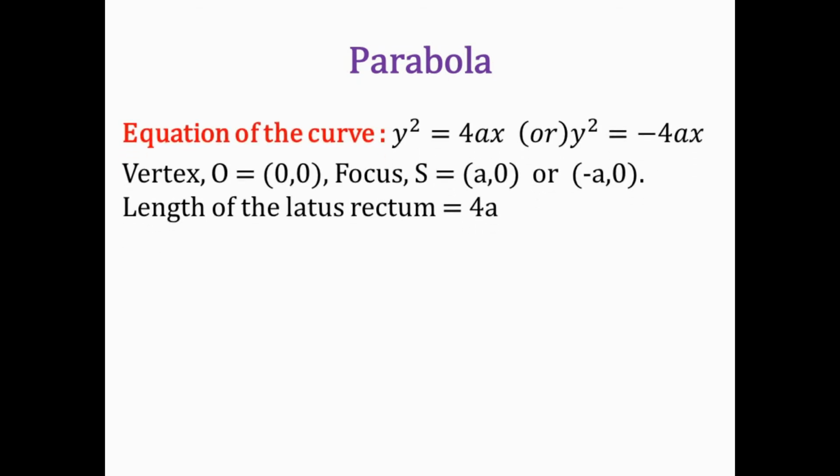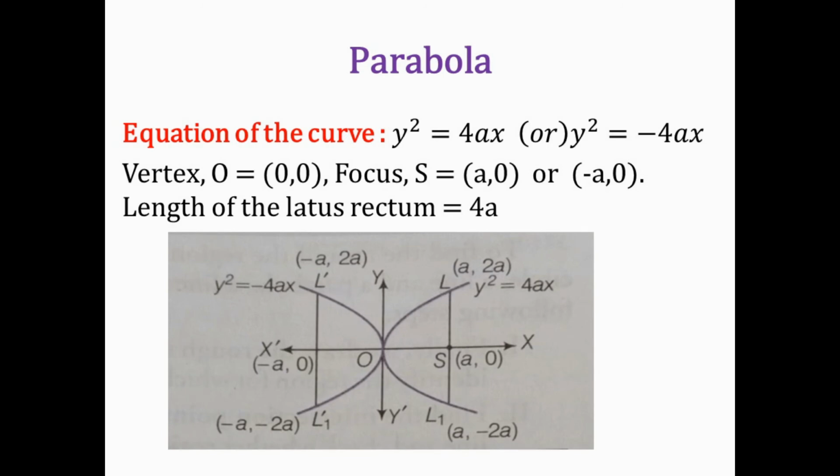The next curve is parabola. Here we have taken the equation of the parabola as y square is equal to 4ax or y square is equal to minus 4ax. There are two types. One is positive and the other one is negative. Now, here we are starting with y square, isn't it? So, y-axis plays a predominant role. Now, we have parabola on either side of y-axis. If the equation is positive, y square is equal to 4ax, then the parabola lies on the right side of y-axis.